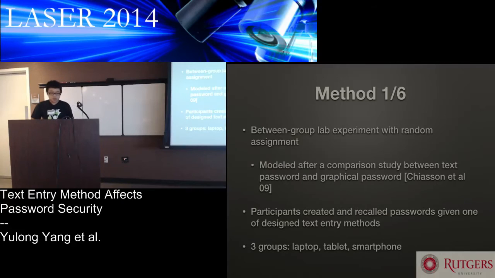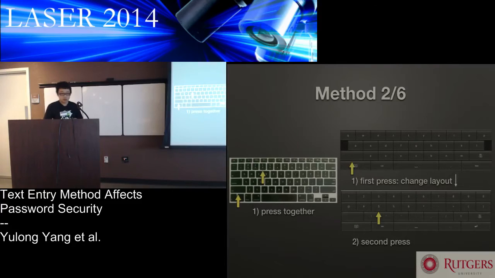So we have 3 groups: laptop, tablet, and smartphone groups. You could see from the name that they are mostly determined by the text-centered method we provided. And next, I'm going to talk about how we designed the text-centered methods in our groups. So for the laptop group, which is our control group, we provided a standard laptop physical keyboard.